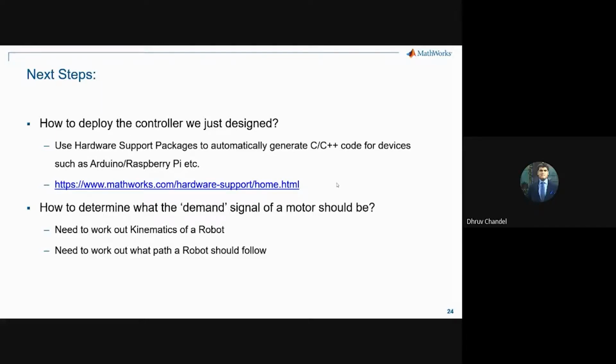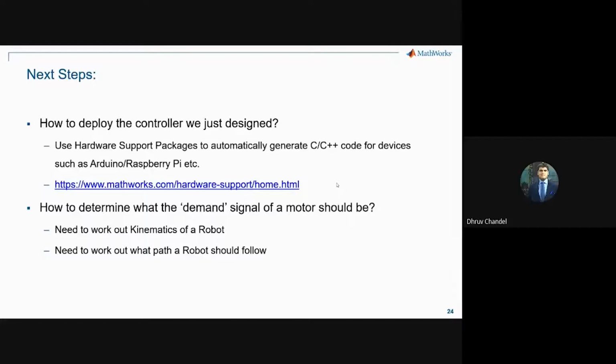Okay, so what we've done so far is basically we've seen how to model and simulate something. We've looked at PID controls. I showed you the hardware support packages. But the important question in your mind should be, why are we doing all this? Like, I just set a demand signal for my motor for a mobile robot.